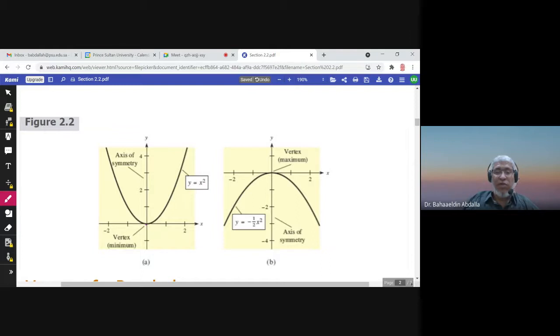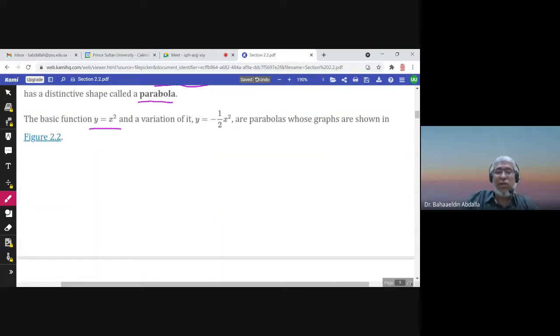This is the vertex of the parabola, and in this case, it is the minimum point. And this is the axis of symmetry. The vertical line x equals 0 in this case is the axis of symmetry, and the point (0, 0) is the minimum point, and it is the vertex.